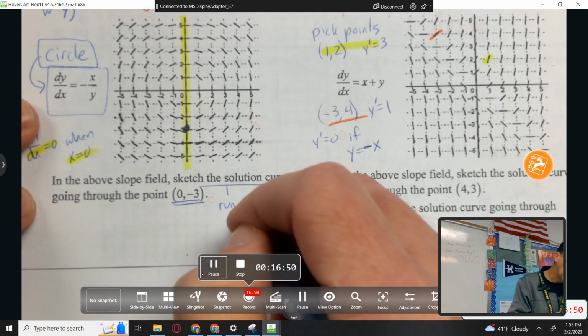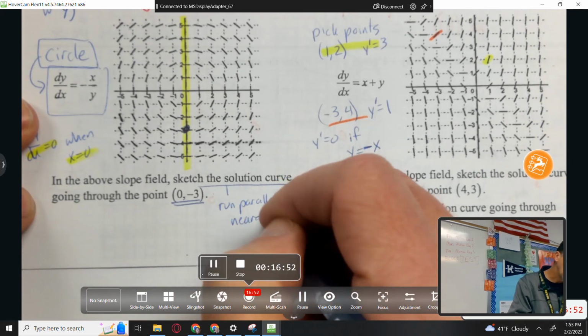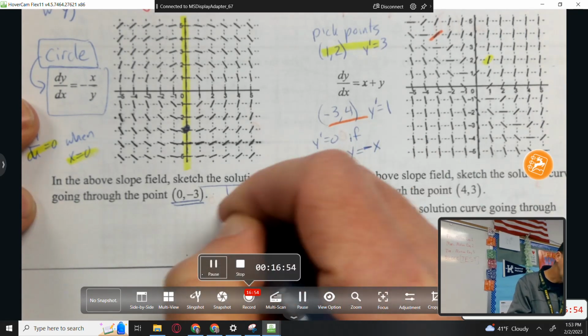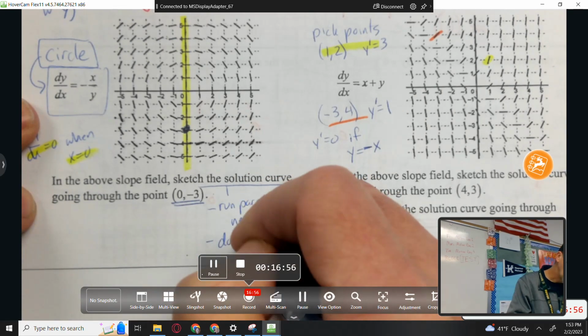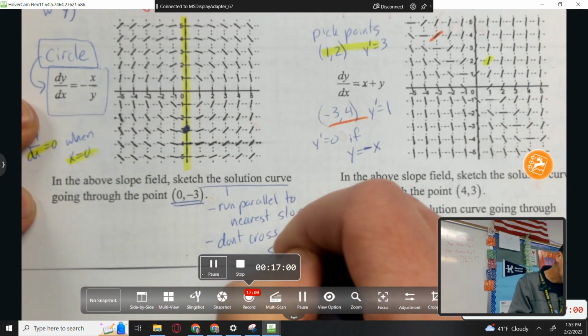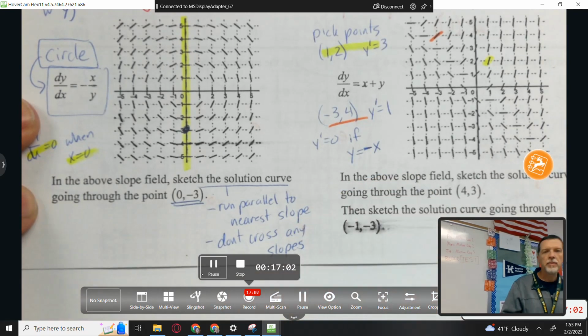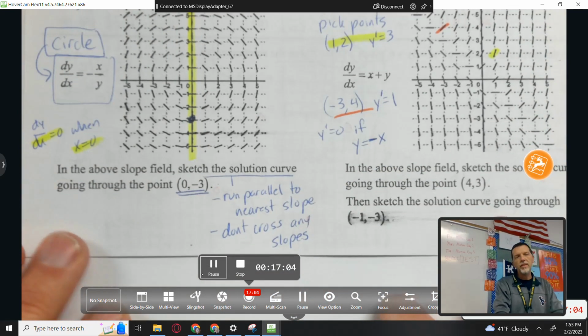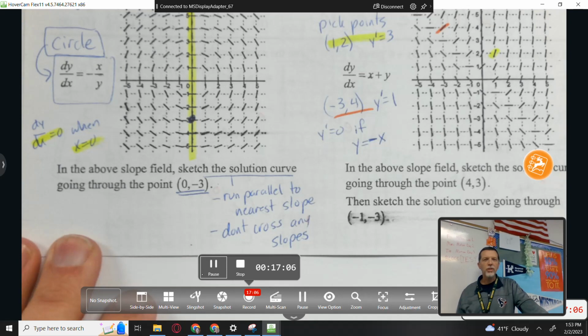Basically, run parallel to the nearest slope, and definitely don't cross any slopes. This takes some practice. Once you get used to it, you kind of just go with the feel. That's the point of the field.